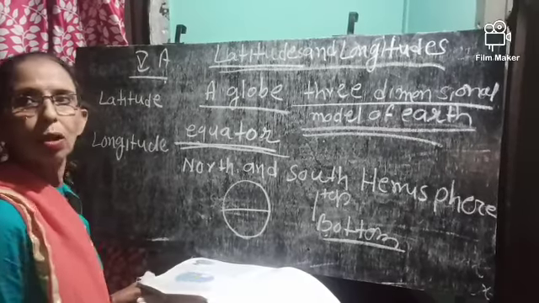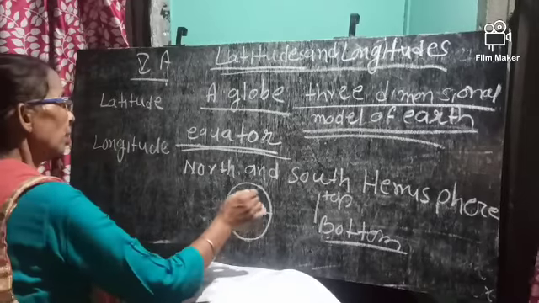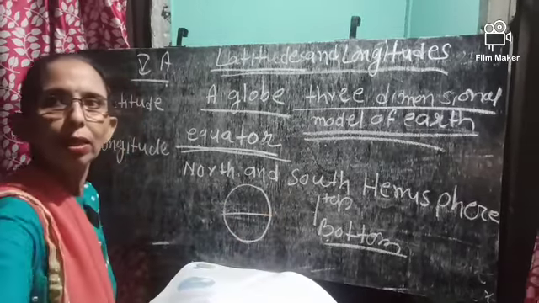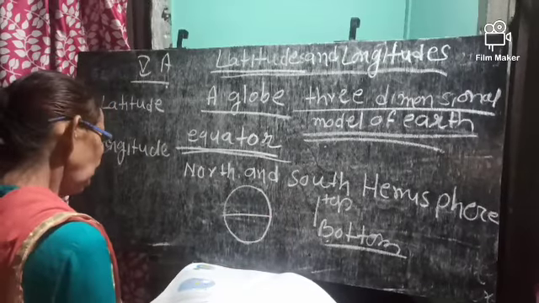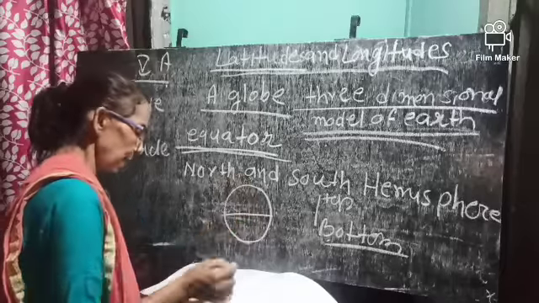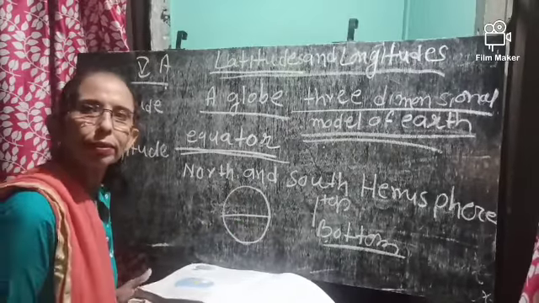This imaginary line divides the Earth into two equal parts. The part from the equator up to the North Pole is the Northern Hemisphere and the south is the Southern Hemisphere.